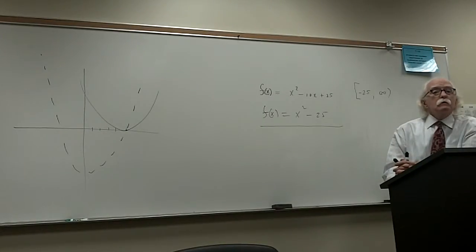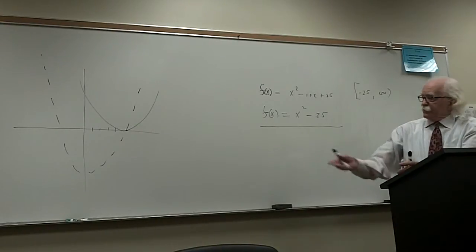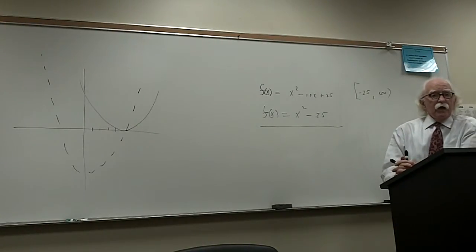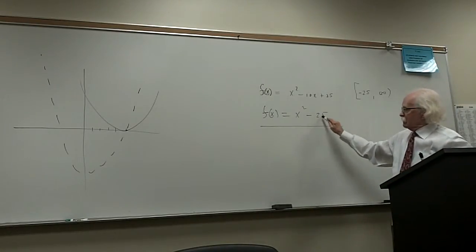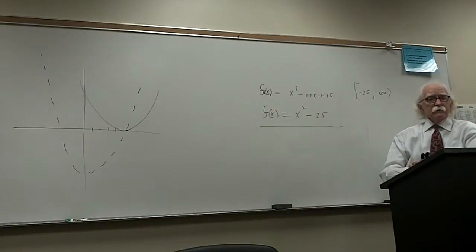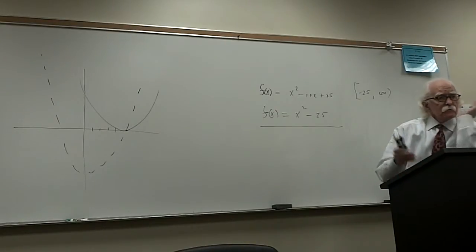Why isn't it? Well, because that's the vertex. 0, minus 25 is the vertex. Right? No?